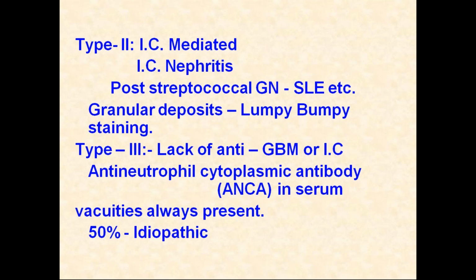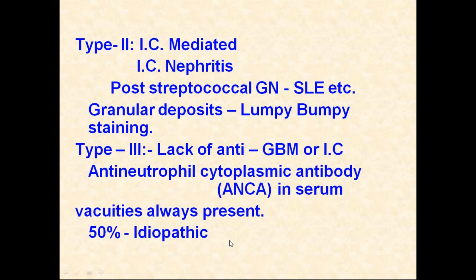Next, type 3. Type 3 is pauci-immune, with a lack of anti-GBM antibodies or immune complexes. You do not have antibody formation against the glomerular basement membrane like type 1, or immune complex formation like type 2.